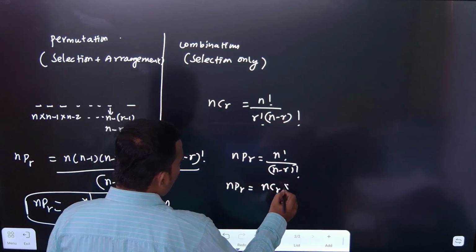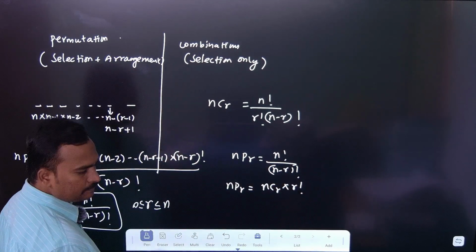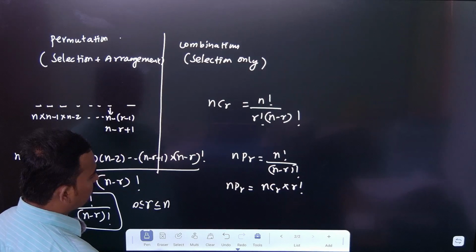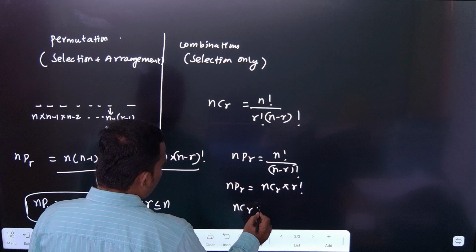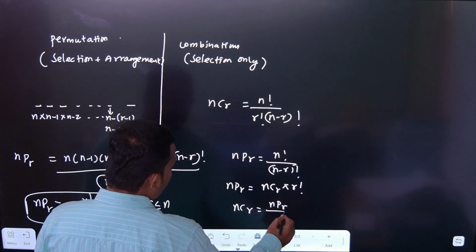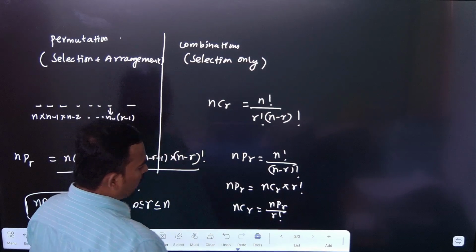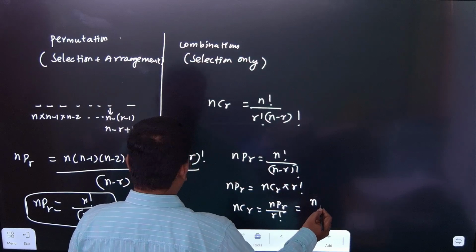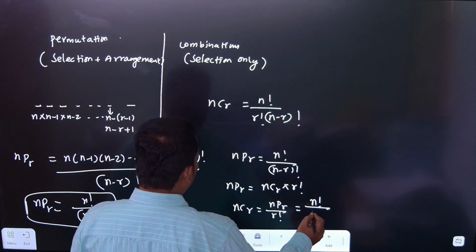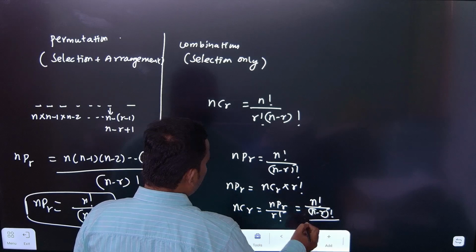nCr into r factorial. Correct? So therefore, nCr, how to write? nPr divided by r factorial. Okay, what is nPr? Just now we proved, right? N factorial divided by n minus r factorial, divided by r factorial.